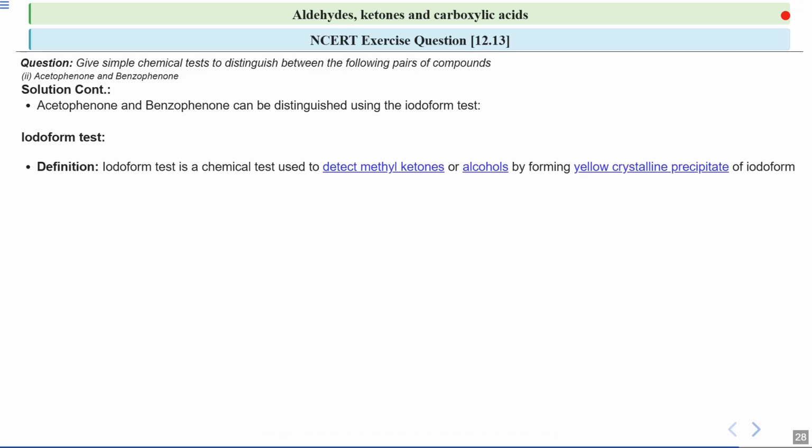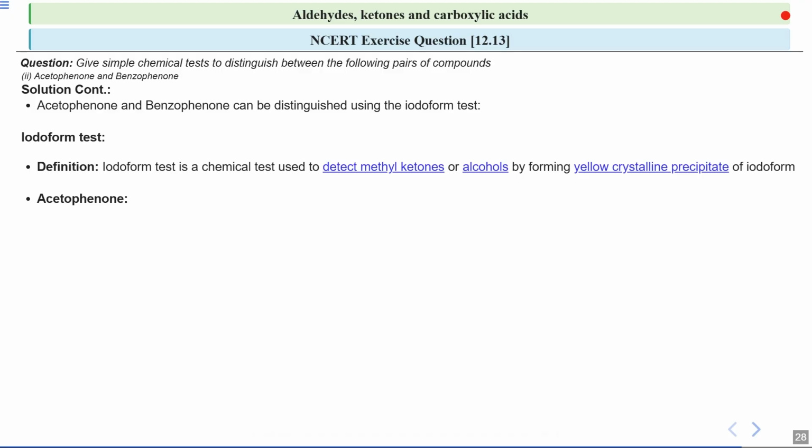To clarify, a methyl ketone is a molecule with a C double bond O group directly attached to a CH3 group. When such a group is present, the iodoform test produces a yellow solid which is easy to spot.